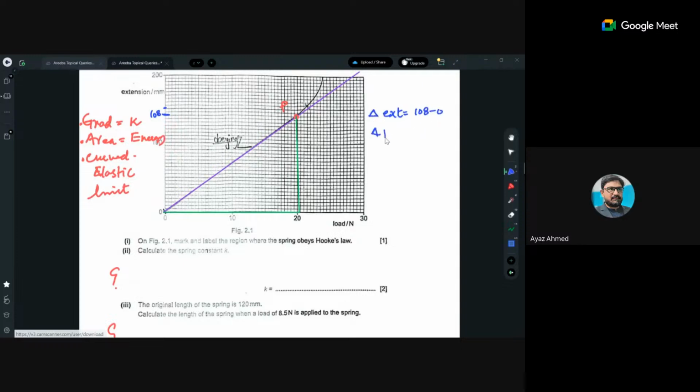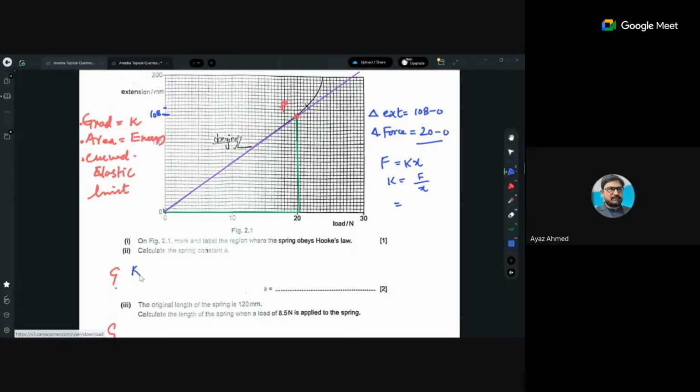And the change in force is 20 minus 0. Do you know what K is? If F equals K times X, then K equals F divided by X. So change in force divided by change in extension will be written here.